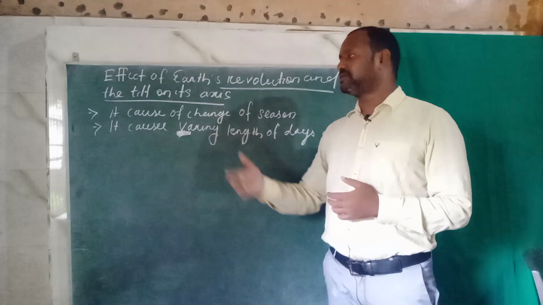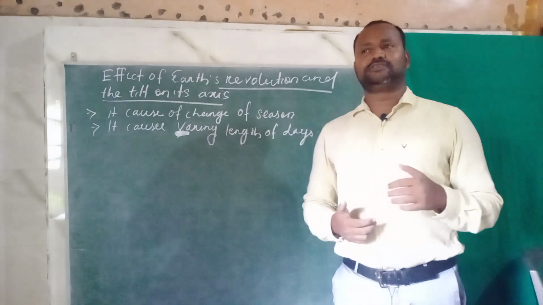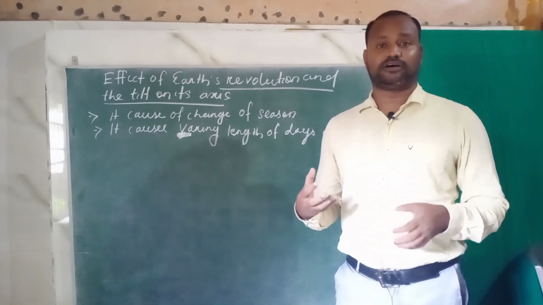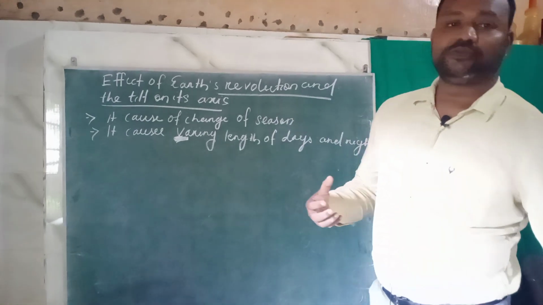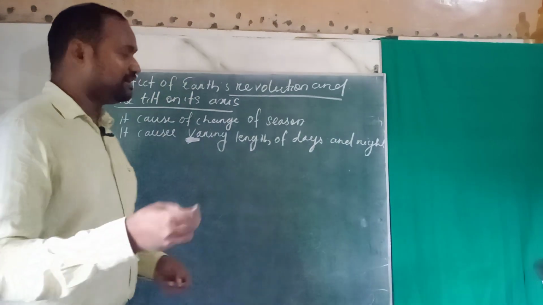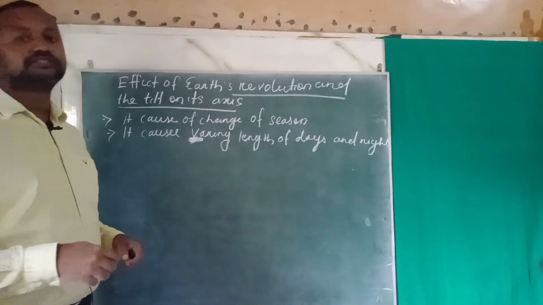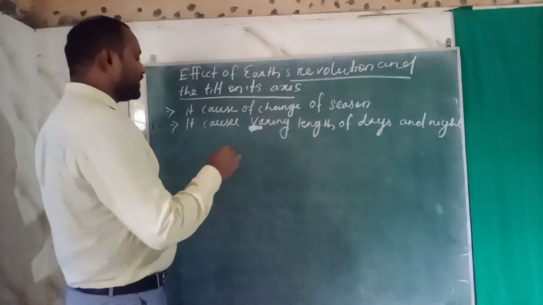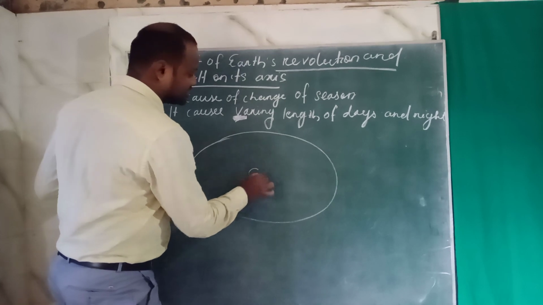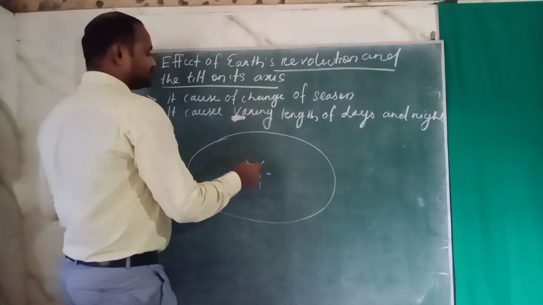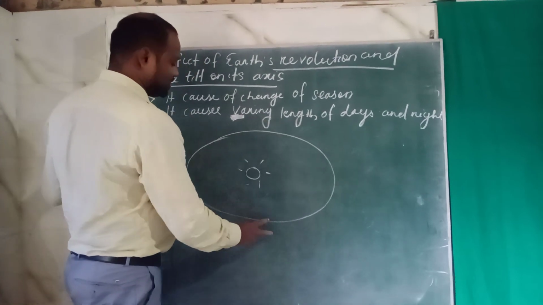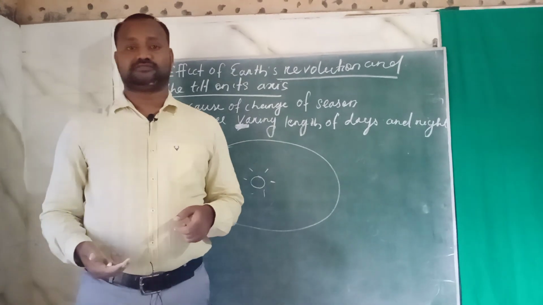So first let's discuss how the season occurs. Students, seasons occur because the position of the Earth changes while revolving around the Sun. Okay, and see how. Here is the Sun. So while the positions differ, the season changes.